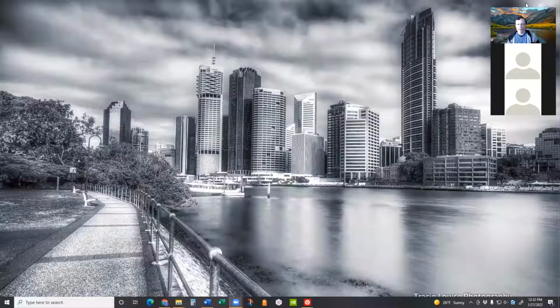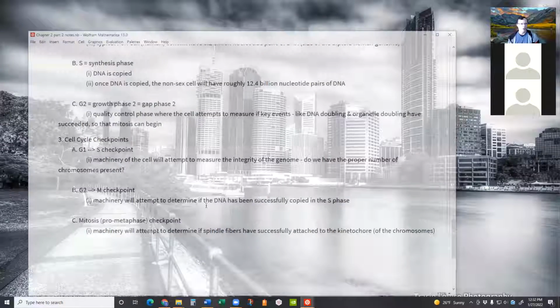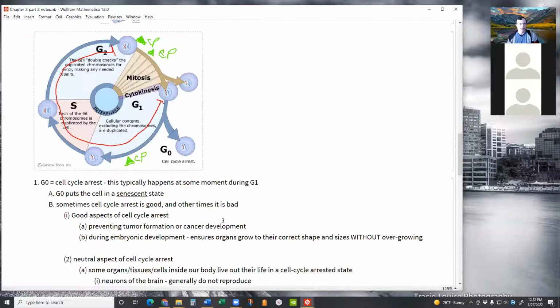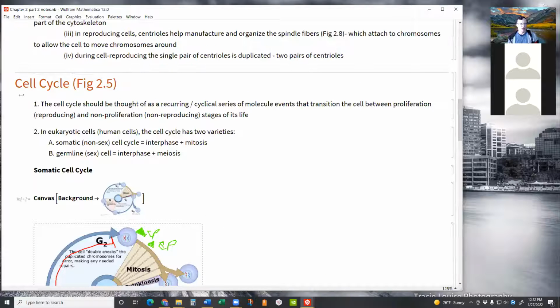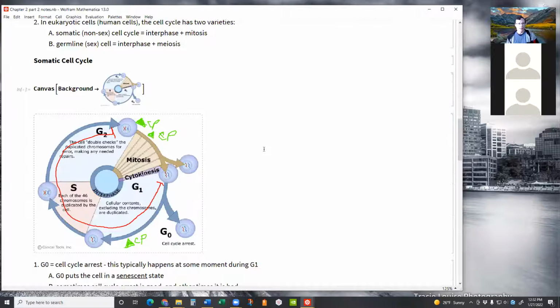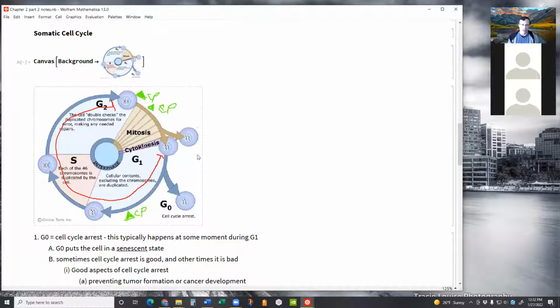So last time we were together, we got a decent start into talking about the cell cycle. We were talking about the somatic cell cycle, so the version for reproducing body cells. And I brought in this little diagram, which is similar to things you're seeing in your textbook.